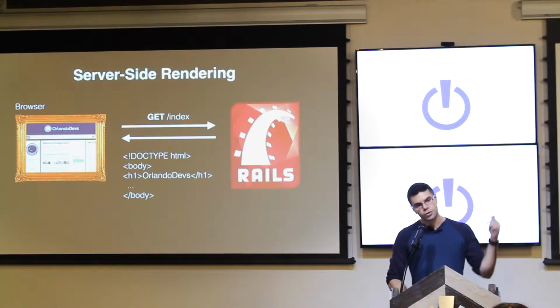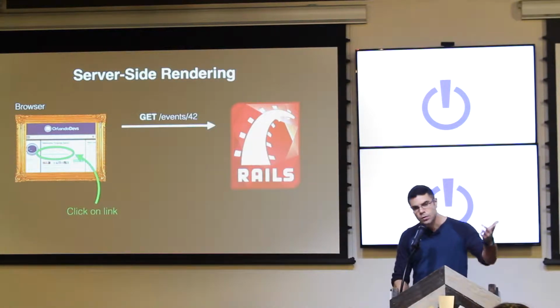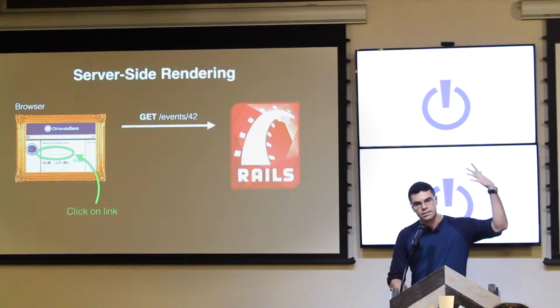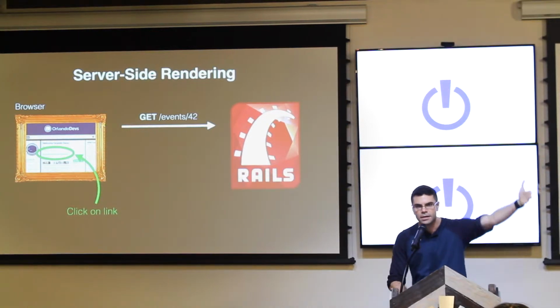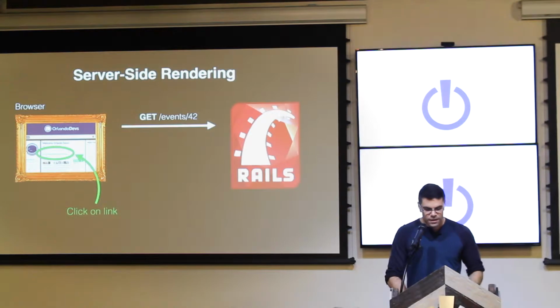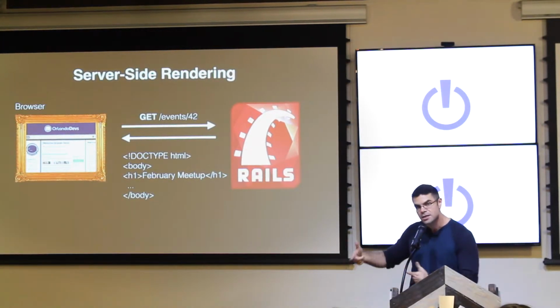Then the client might choose to click on a link. When a client does that, another request is issued to Rails, to the back end, and then Rails does the same thing. It accesses the database, does all the stuff that it has to do, authentication, maybe it reads a fragment from caching, and then it generates another HTML that it sends back to the client.